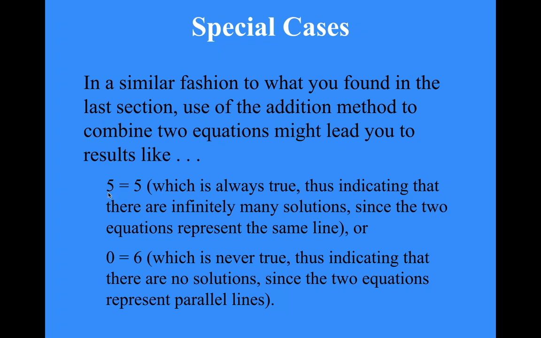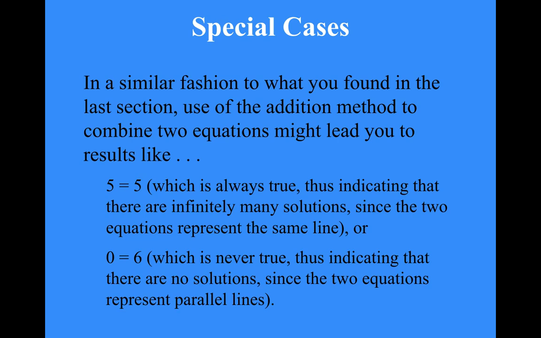It just depends on whether we get a true statement or an untrue statement. When it's a true statement and all of our variables cancel out, we have infinite solutions. When I have a false statement and all my variables cancel out, like 0 equals 6, we have no solutions.